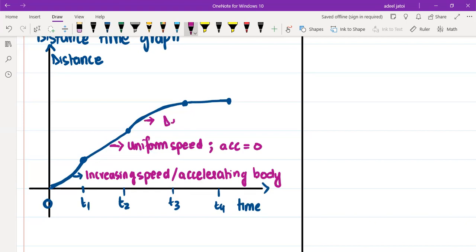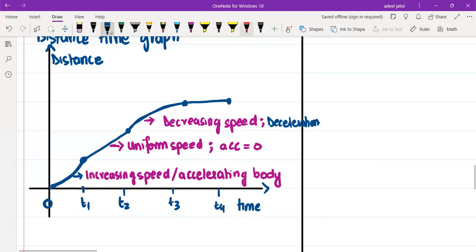This is decreasing speed, where acceleration will be there, but it will be decreasing acceleration. So this is decreasing deceleration.